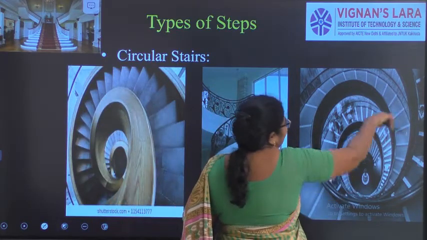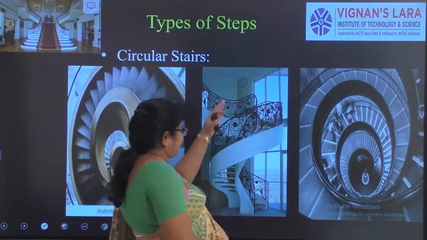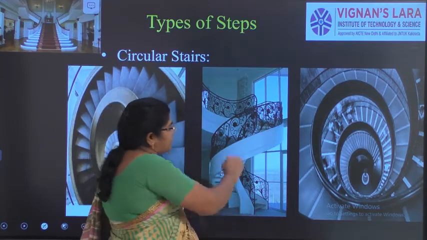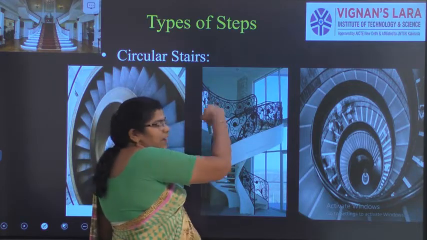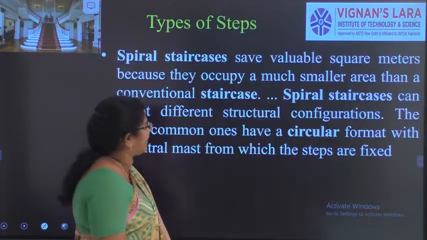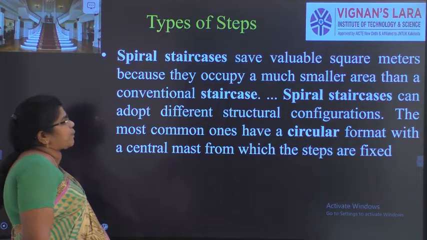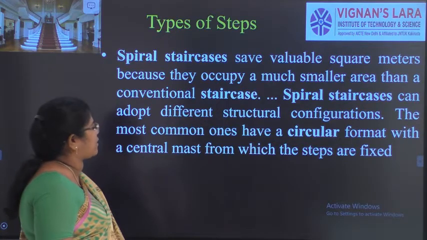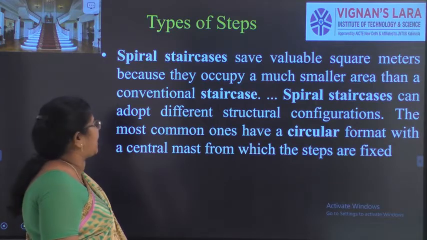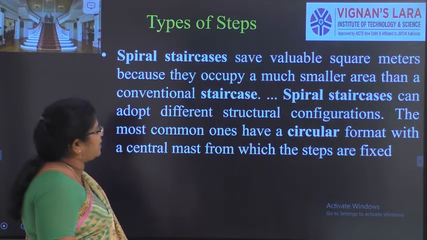Even the helical staircase will also come like this. Here, mostly there is no post in the center, and the stair is in a circular shape. So this is a spiral staircase. Spiral staircases save valuable square meters because they occupy a much smaller area than the conventional staircase.